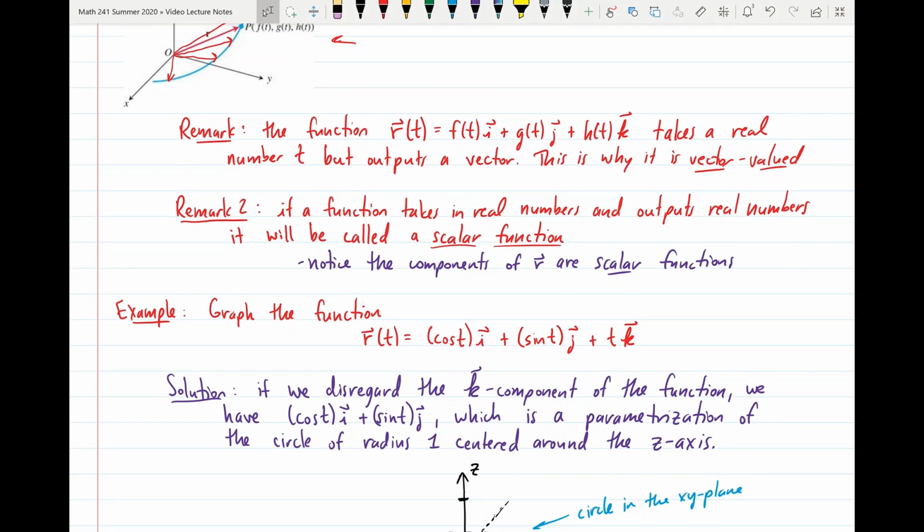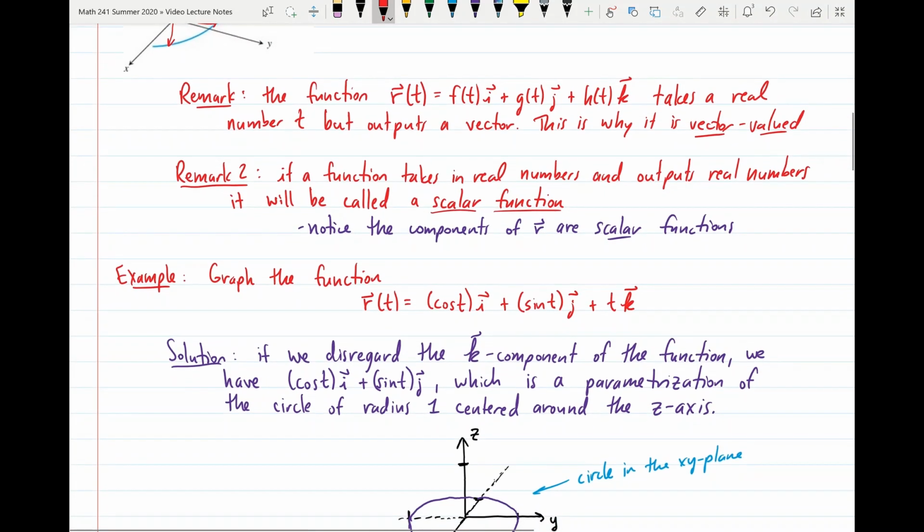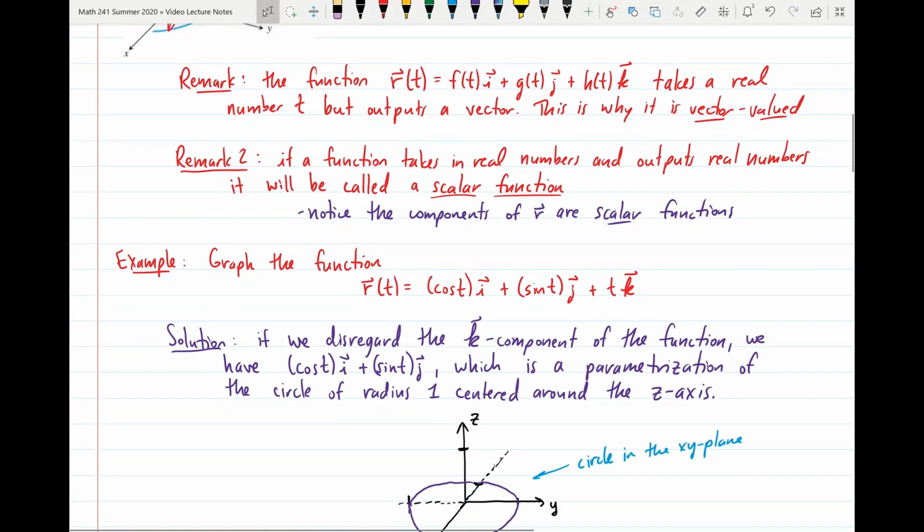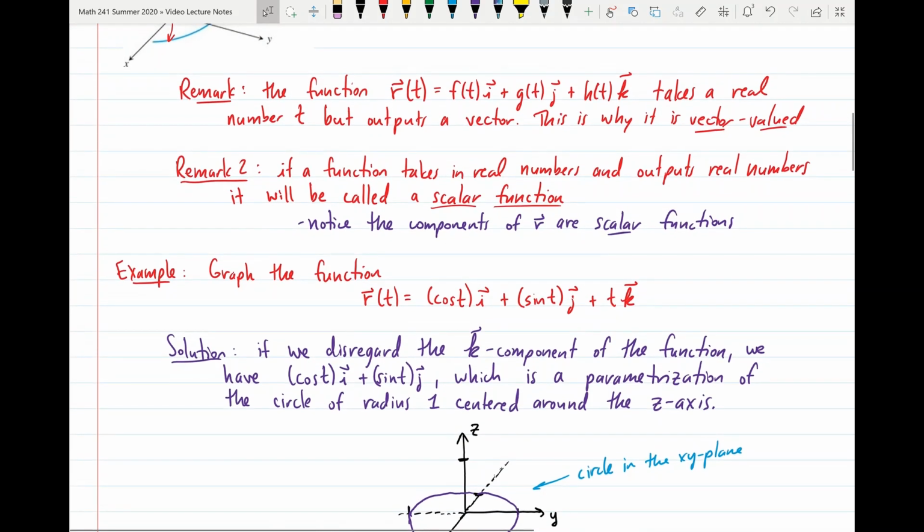On the other hand, if we have a function that takes in real numbers, numbers like t, and outputs more real numbers, that kind of function is going to be called a scalar function. So scalar functions are the functions that we worried about in Calc 1 and Calc 2. And notice that all of the components of our vector valued function r up here, these component functions, are all scalar functions. So you put in the value t and you get out a real number.